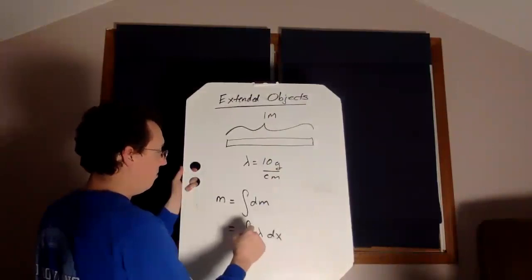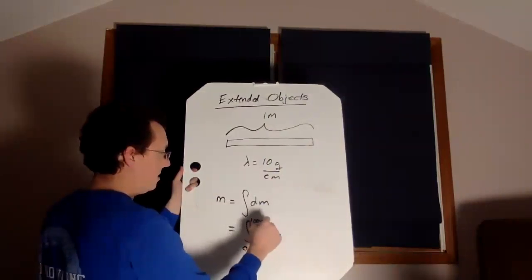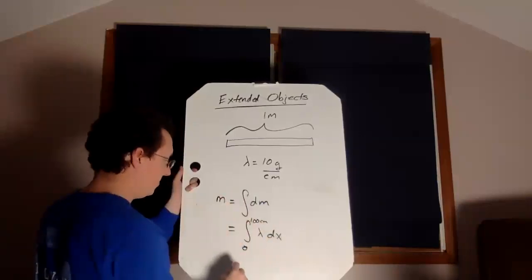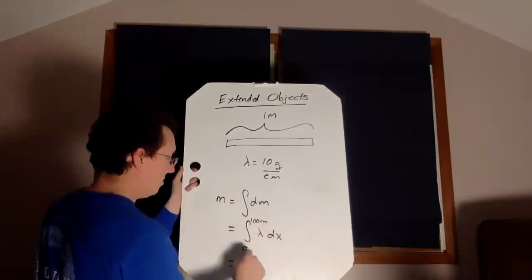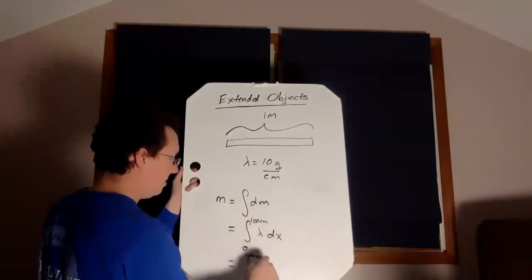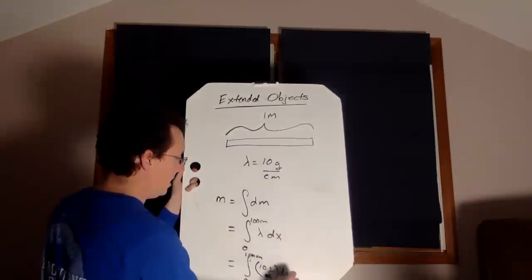We'll say that runs from 0 to 100 centimeters. And then that equals the integral from 0 to 100 centimeters of lambda, which was 10 grams per centimeter, dx.